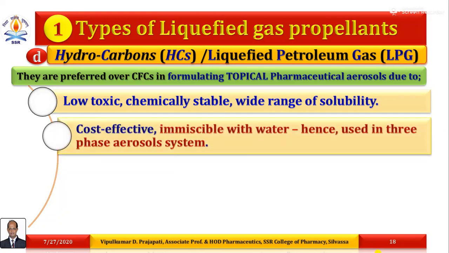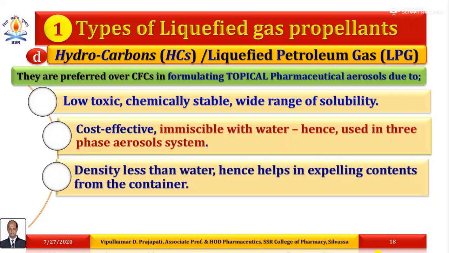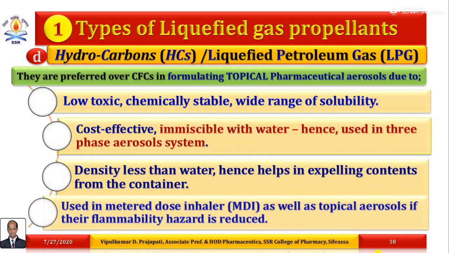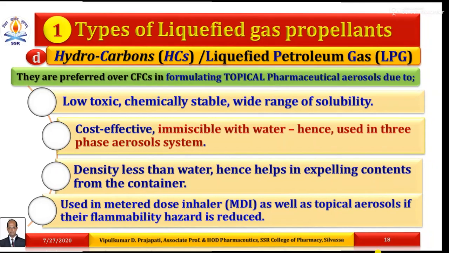They are cost effective, immiscible with water, hence used in three-phase aerosol systems. Density less than water, hence helps in expelling contents from the container. Used in metered dose inhalers as well as topical aerosols if their flammability hazard is reduced.